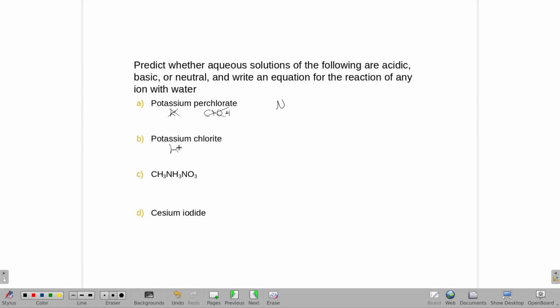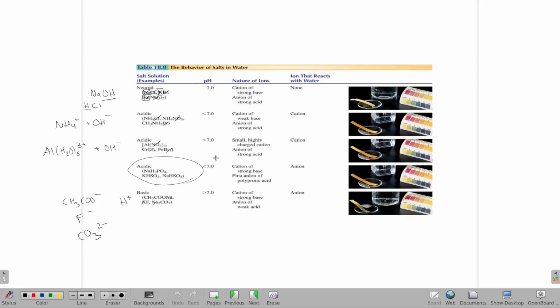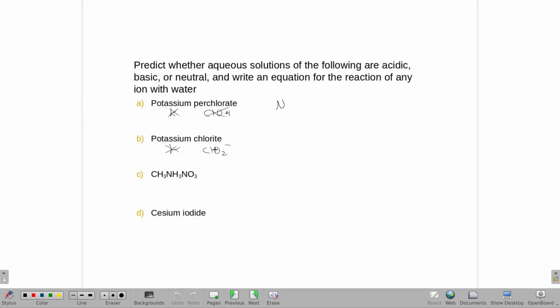Now I'm going to change the perchlorate to chlorite, which is just ClO2 minus. I can still ignore the cation, but can I ignore the anion? No, that fits in this category like the bottom one. It's the anion of a weak acid. HClO would be a weak acid. This one's going to be slightly basic.